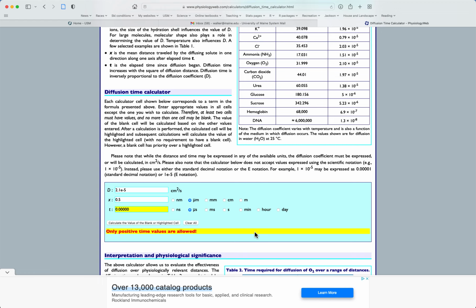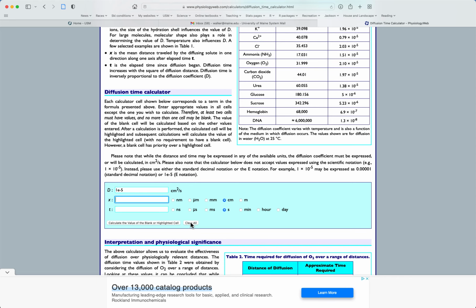So here's a common error that occurs with the physiology calculator. When you get a result for time that's really, really small, and it can't display it, then it can't fix itself. So you have to just redo the whole thing.